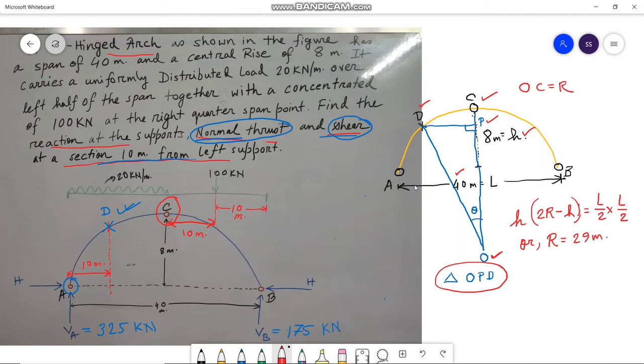Now as per the properties of triangle OPD, we have theta.